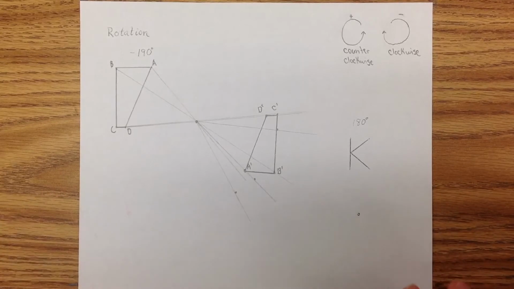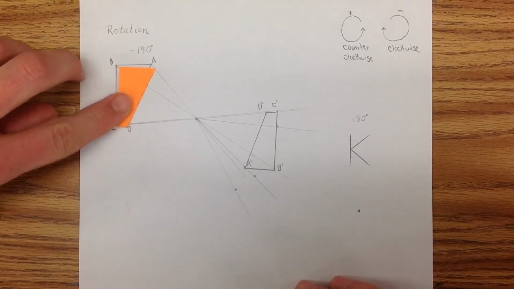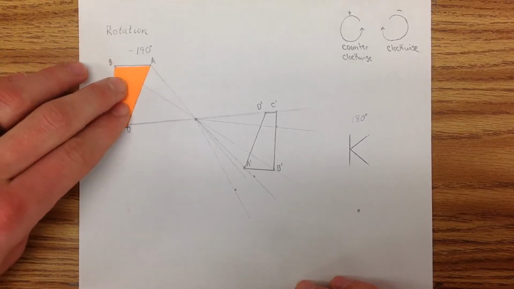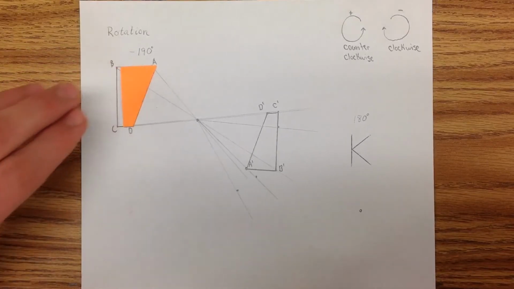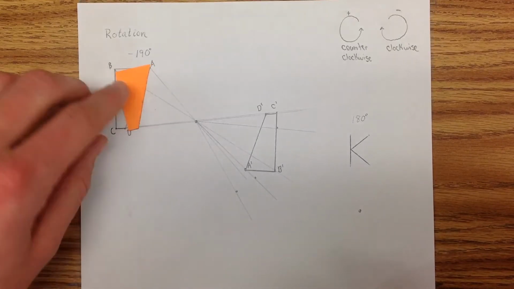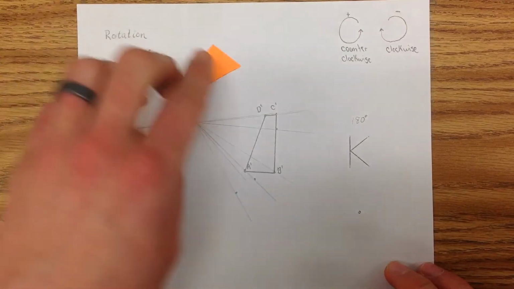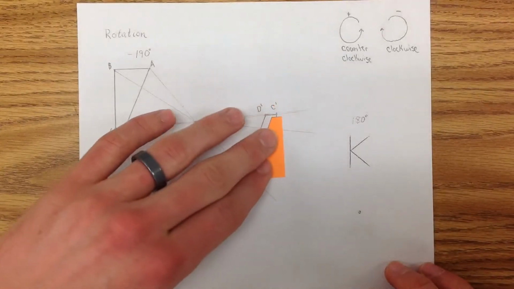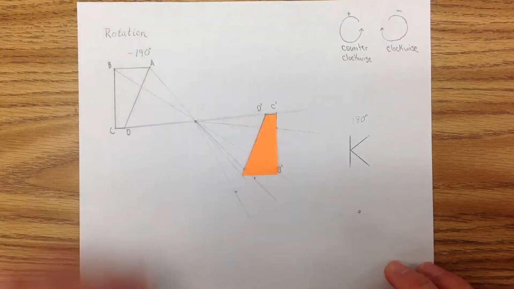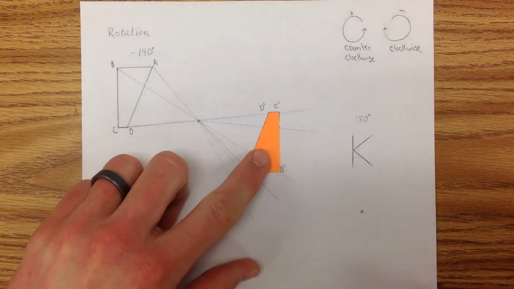And if I did it really well, you can see that this shape rotated around at negative 190 degrees. So again, negative being clockwise. So it went like this, rotate around, and looks like that. Pretty good. I will take that one.